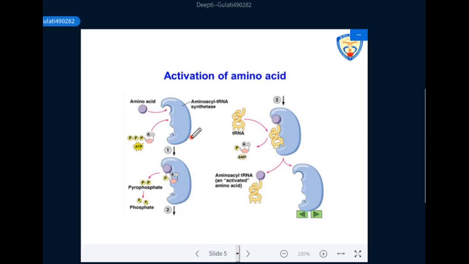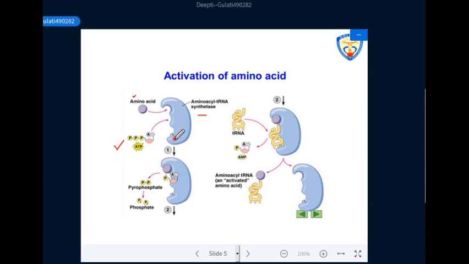This diagram shows how the amino acids are activated in the cell. This is the enzyme amino acyl tRNA synthetase, which is specific for a particular amino acid. This enzyme has three sites. One is for the attachment of the amino acid. The second site is for the attachment of the energy molecule, that is ATP or adenosine triphosphate.